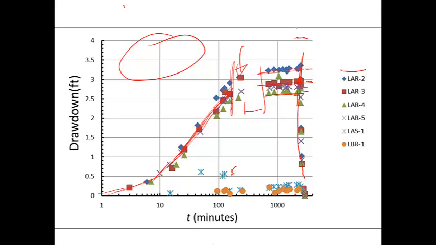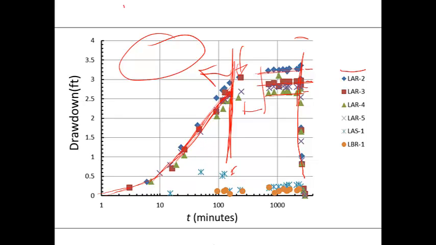And the way we interpret this is that the early part, really before this line, is the well removing water from storage, and it's behaving much like an aquifer of infinite extent.